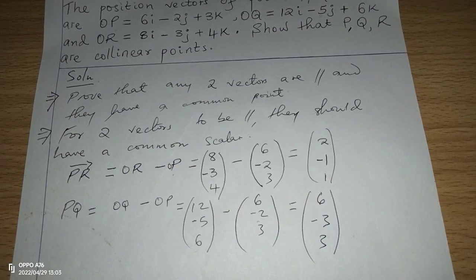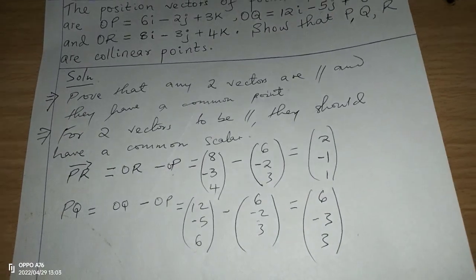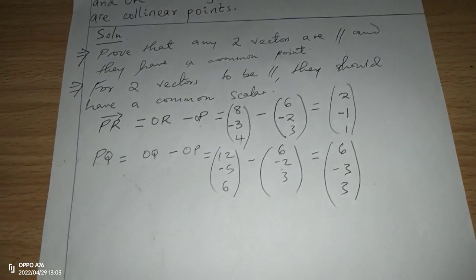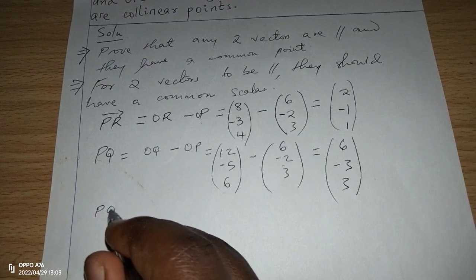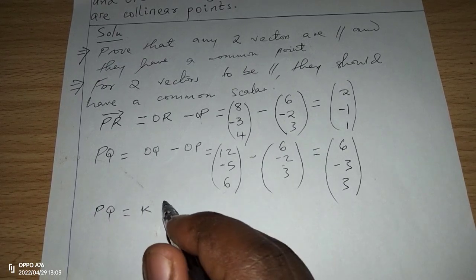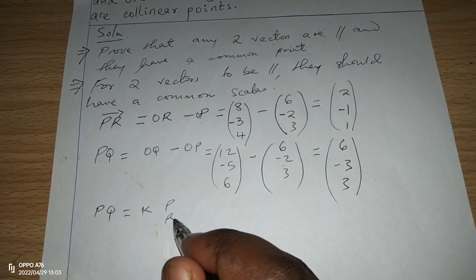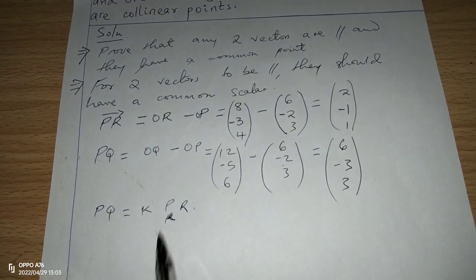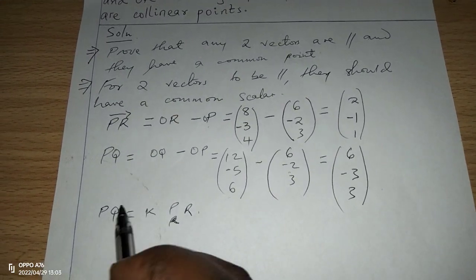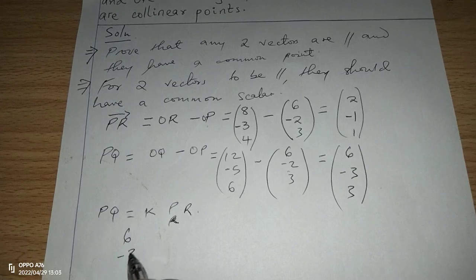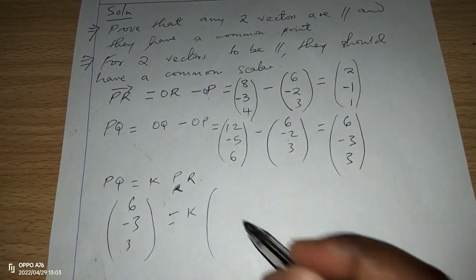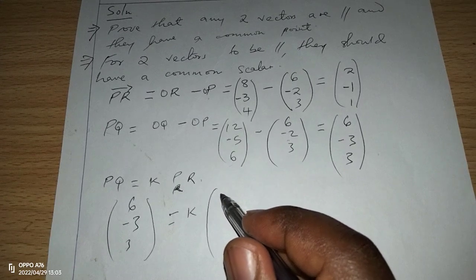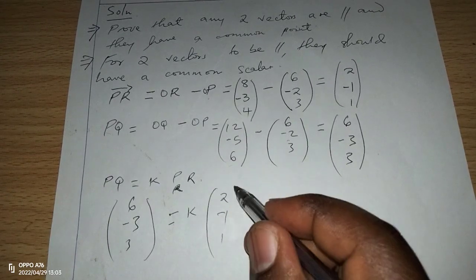So we have vector PR and PQ. We can look at how the two vectors are related. If we say PQ equals a constant times PR, then we can look at what constant this is, such that 6, negative 3, 3 equals a certain constant times PR, which is 2, negative 1, 1.